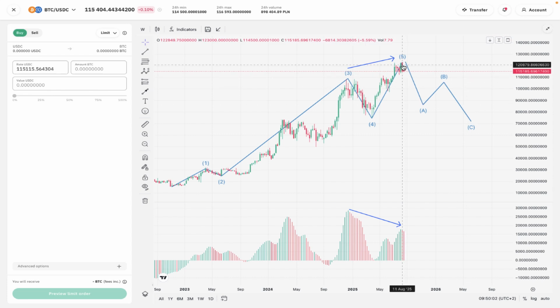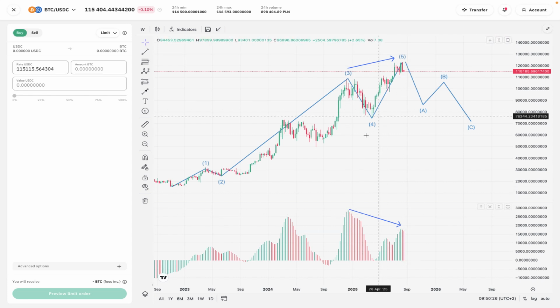Obviously, any new high above 123,000 on Zondacrypto immediately invalidates this scenario. I mean, it invalidates the top for wave 5. Maybe there will be another little wave inside of this wave 5 to complete the cycle.